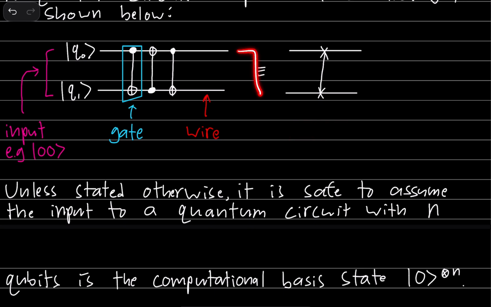So if we have 2 qubits here, that would be this, right? And that's just ket 0 tensor product ket 0, which is exactly what this state is here.